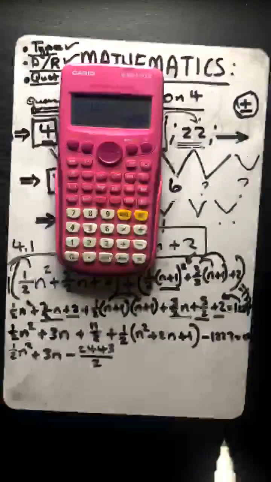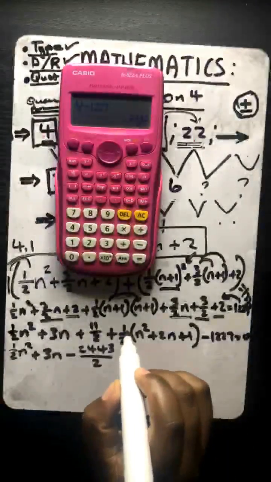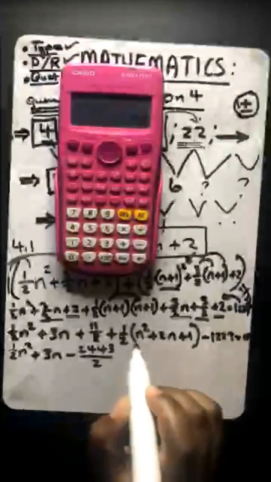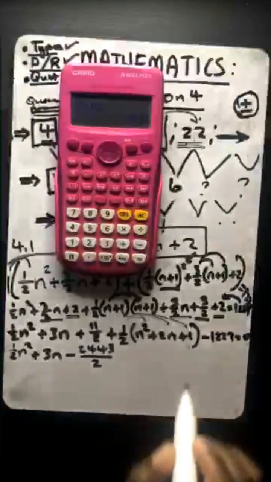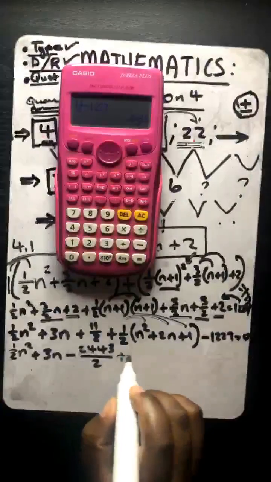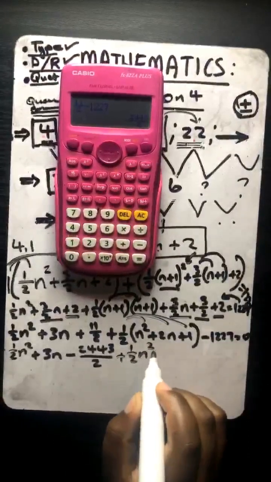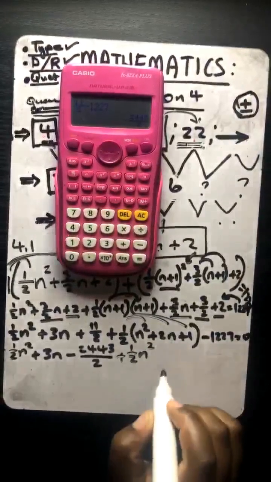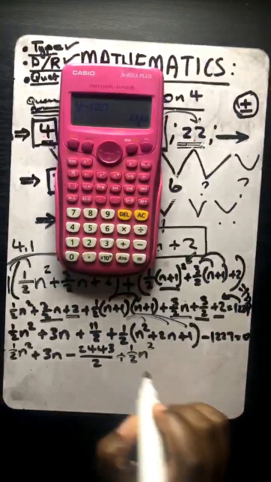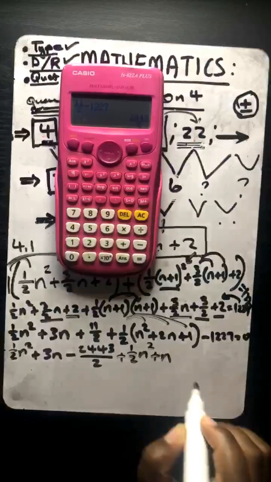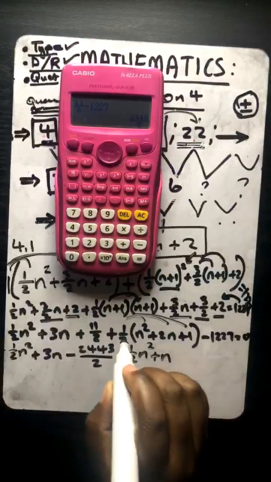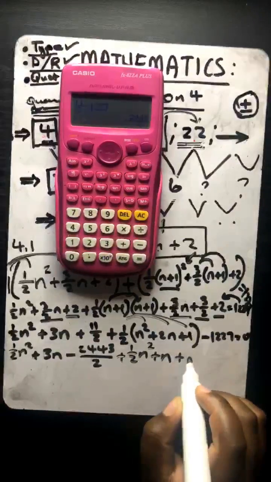And then now you need to work out that to remove that by that by that by that. So that means you're going to have plus a positive half n squared, that times that. It's more like 2 divided by 2. It becomes 1n, and then that by that, it becomes what? A half.